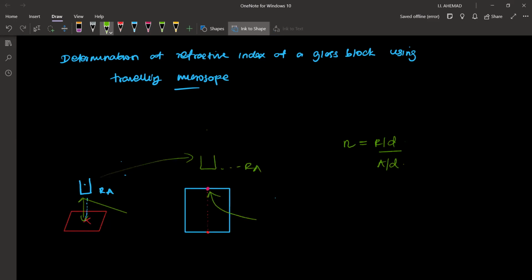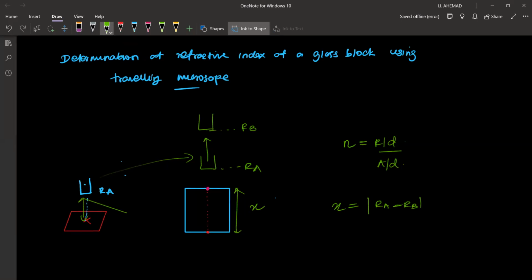No, it won't be clear. To make it clear, you have to move the telescope backward, somewhere here. That is RB. Now it will be clear. So this distance, let's say X. X is equal to RB minus RA, the modulus of RA minus RB. Did you get that idea?